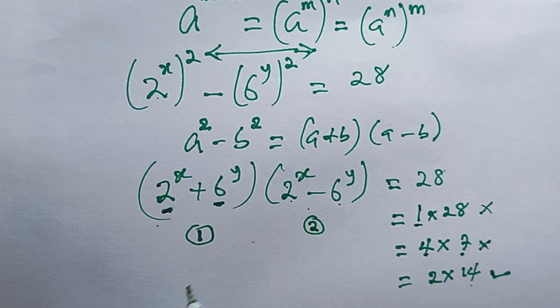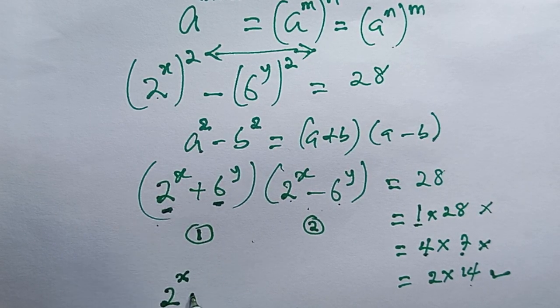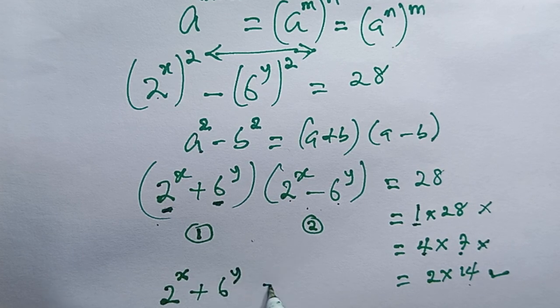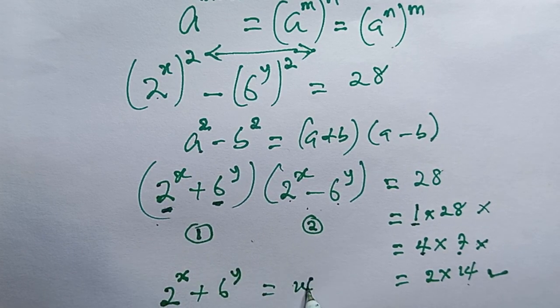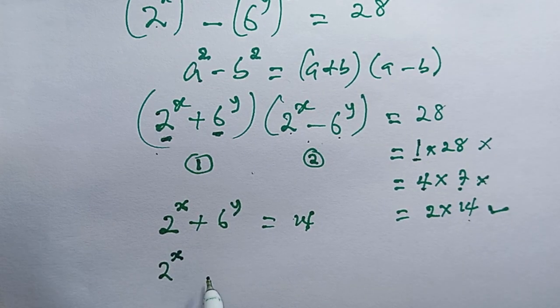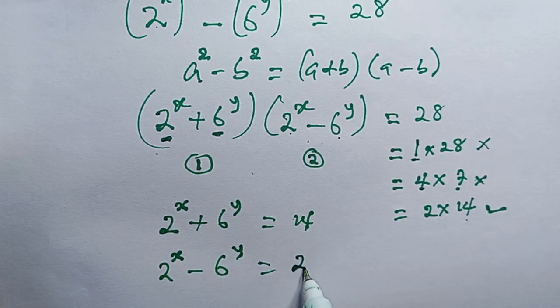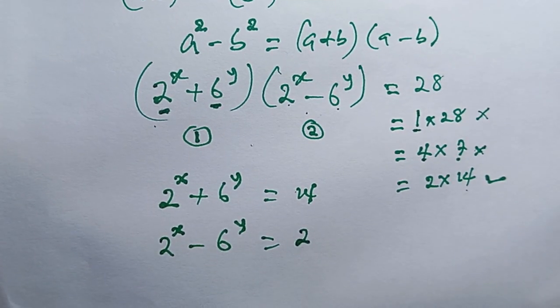So that being the case, we can now say that 2 power x plus 6 power y is equal to the bigger number, which is 14, and then 2 power x minus 6 power y, which is the second term, will be equal to the smaller number, which is 2.